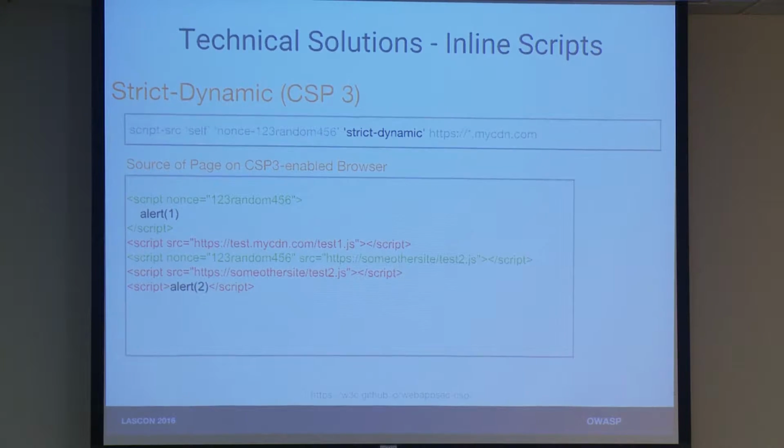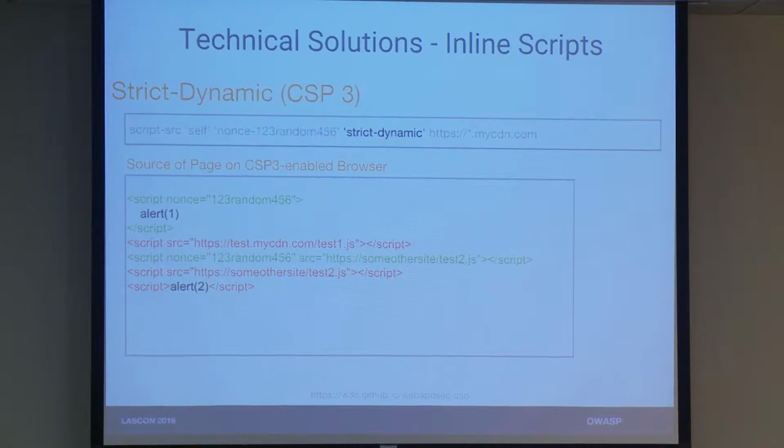In CSP3, they added strict-dynamic. With strict-dynamic, everything is going to have a nonce. We'll look at a backwards compatible strict-dynamic policy, but in this case, you may have 50 or so domains, and you don't want to whitelist them all in the CSP header. So you can just use a nonce in every script tag, and that'll allow things.